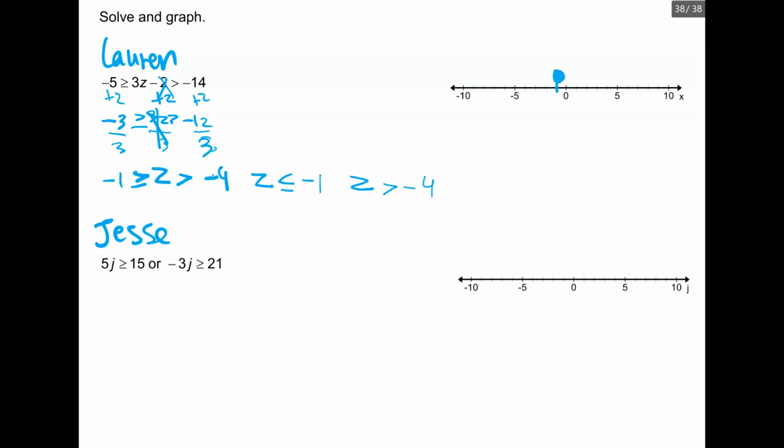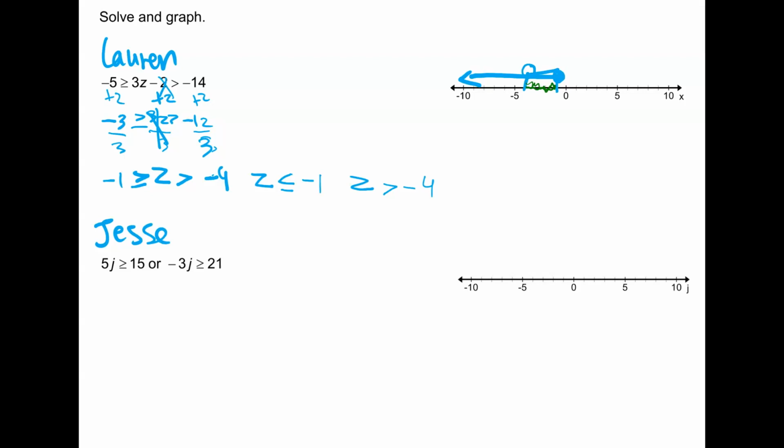You fill it in, and then this one goes this way. And the -4 is open. So it goes this way, and they overlap over there. You have to get a different color on the right side and then just fill between them. Shade it in here so it's clear what the solutions are.